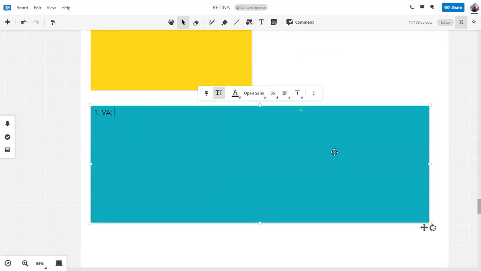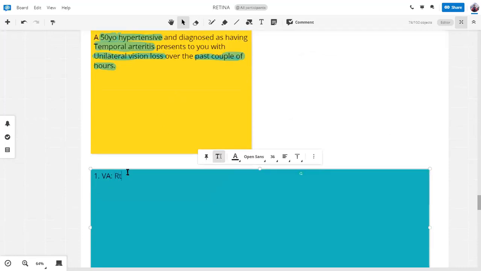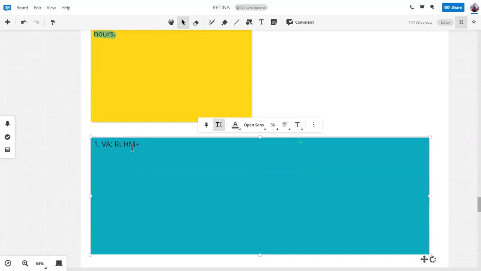So first we start with visual acuity. He has unilateral vision loss. Let's say his right eye is affected, and in the right eye the visual acuity is hand movement. The left is relatively normal.